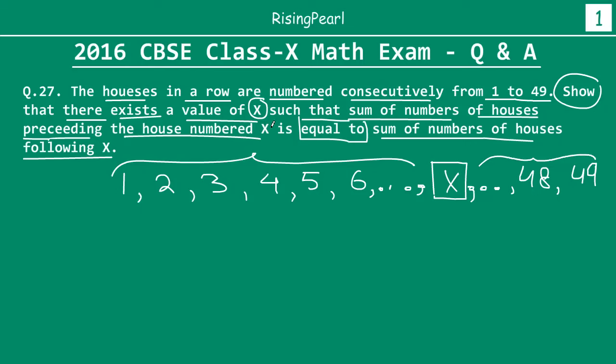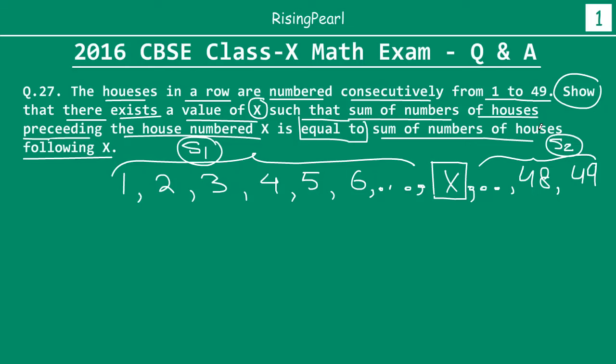Let's call this sum S1. S1 is the sum of all these numbers till x minus 1, the number immediately before x, and it is going to be equal to the sum of all these numbers from x plus 1 through 49. Let's call this S2.